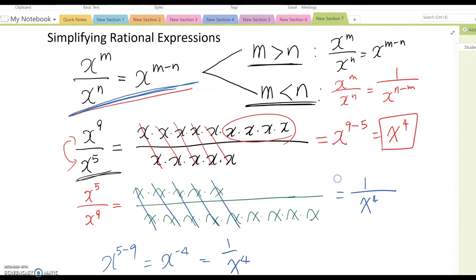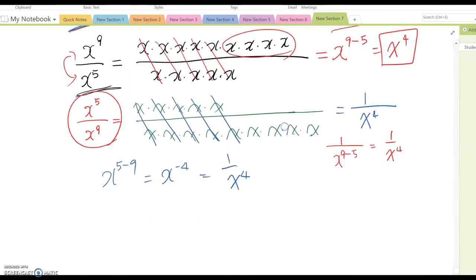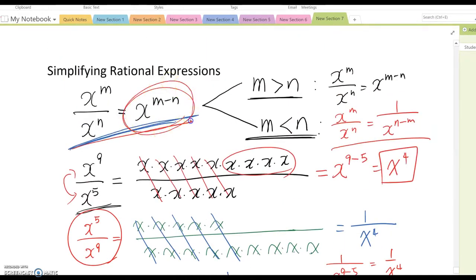So like here, because the denominator degree is higher than the numerator, you make it 1 over x to the 9 minus 5, equal to 1 over x to the fourth. Of course you can always apply only the first property, but sometimes it is better to use this shortcut so that we can simplify rational expressions a little quicker and more easily. Okay.